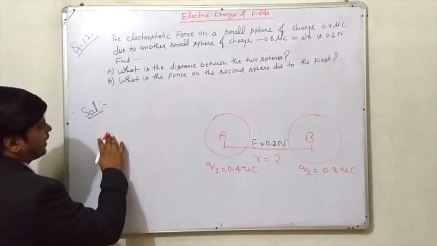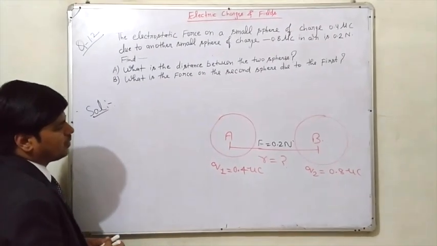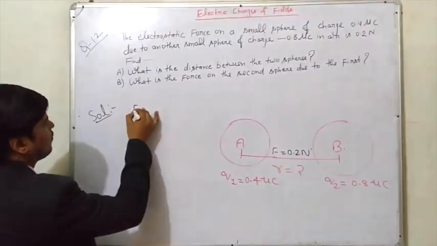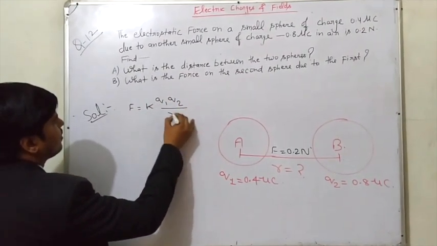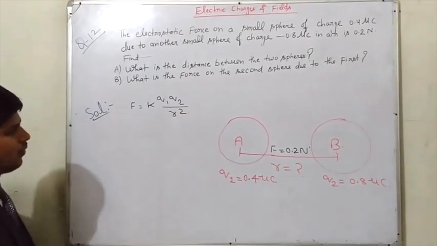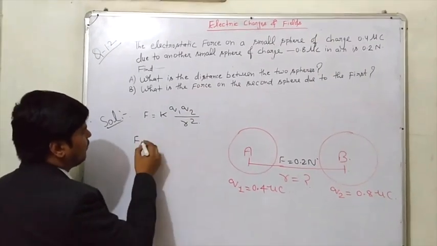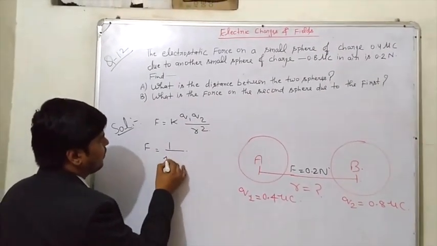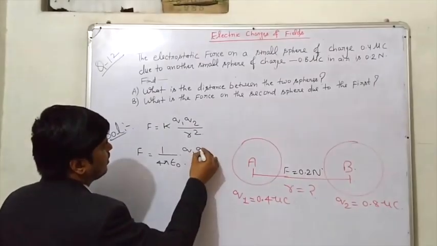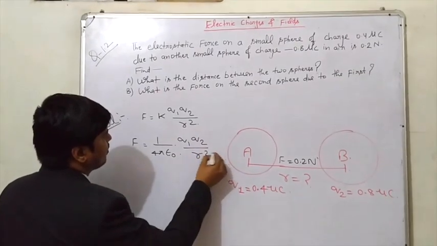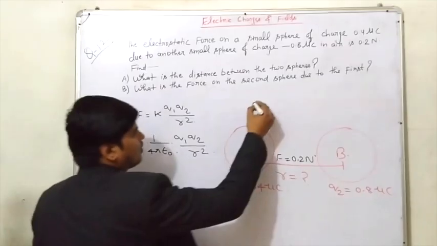Then we apply the formula F equal to K Q1 Q2 upon R square. Here the medium is air, and what will be the value of K?